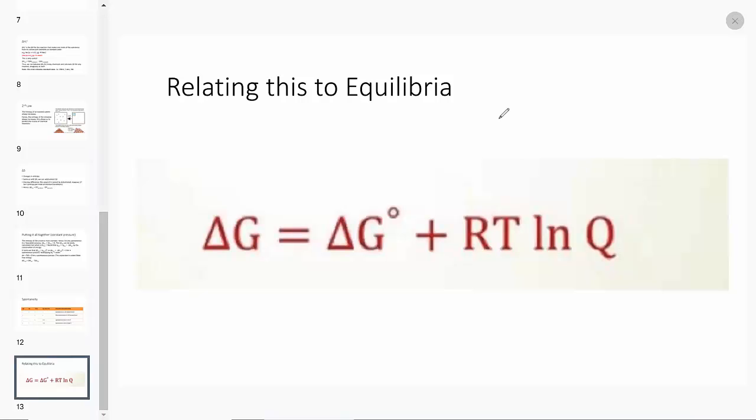So I should probably clarify what Gibbs free energy means. Gibbs free energy is the amount of work that the system can do. So once delta G equals 0, nothing happens, and at equilibrium, Q equals K eq, right?